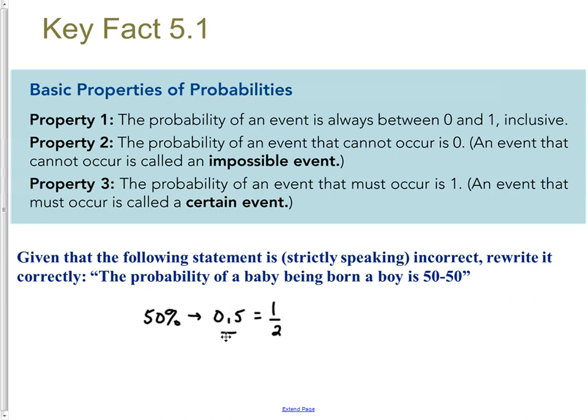So really what we're saying is that the probability of a baby being born a boy is 0.5, or 1/2. That 50-50 business just tells us that there's a 50% chance that he is, and a 50% chance that the baby is not a boy. So there we go.